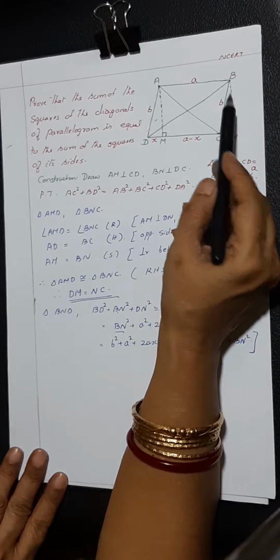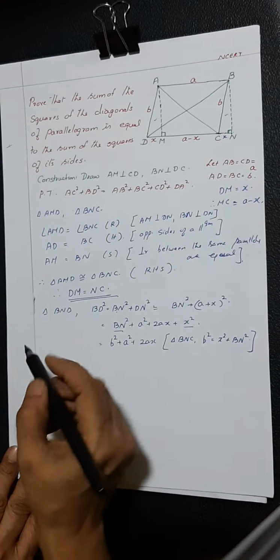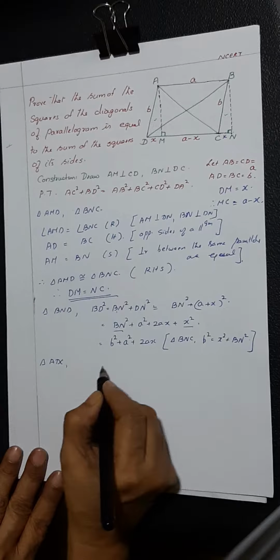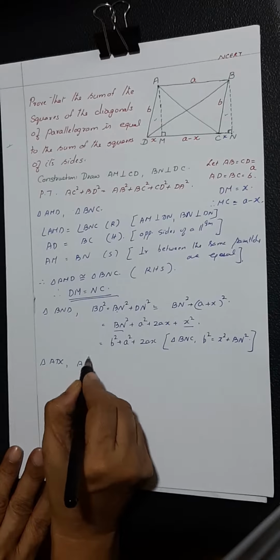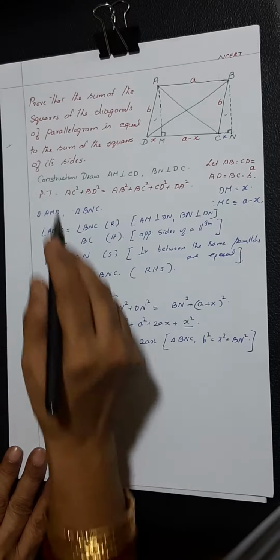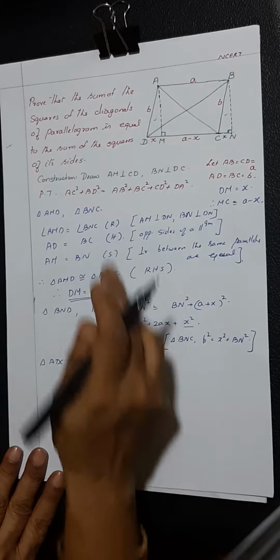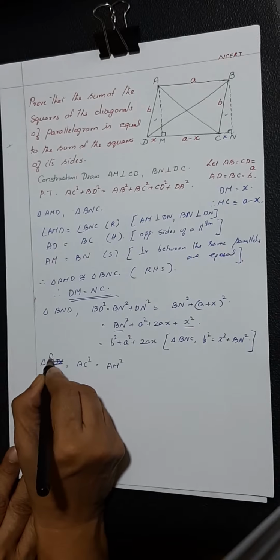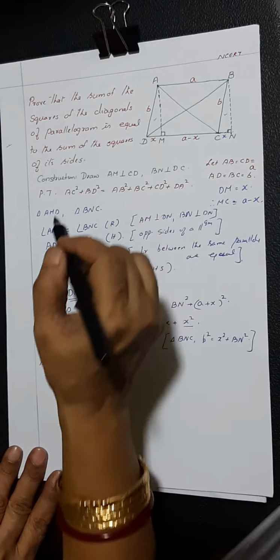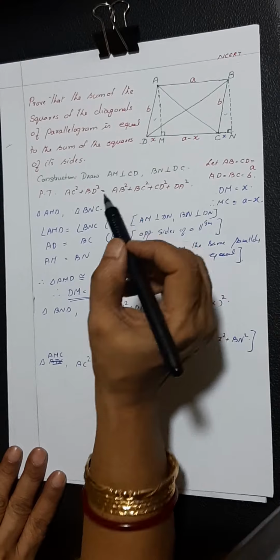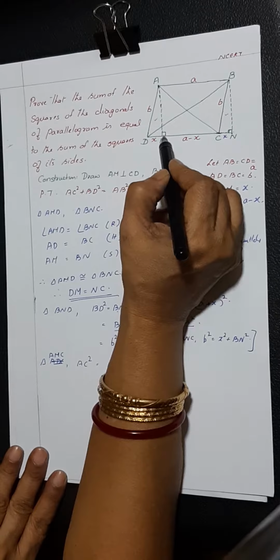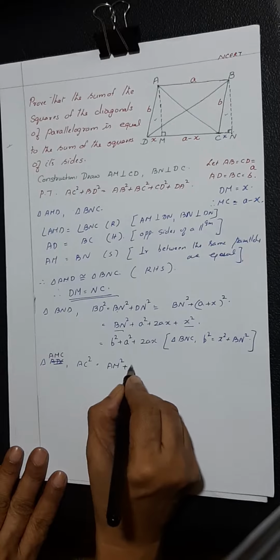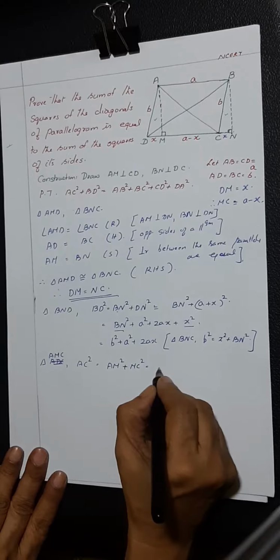Now BD squared is over, now AC squared. In triangle AMC, not ADC, because M is 90 degrees, not D. So AC squared is equal to AM squared plus MC squared.